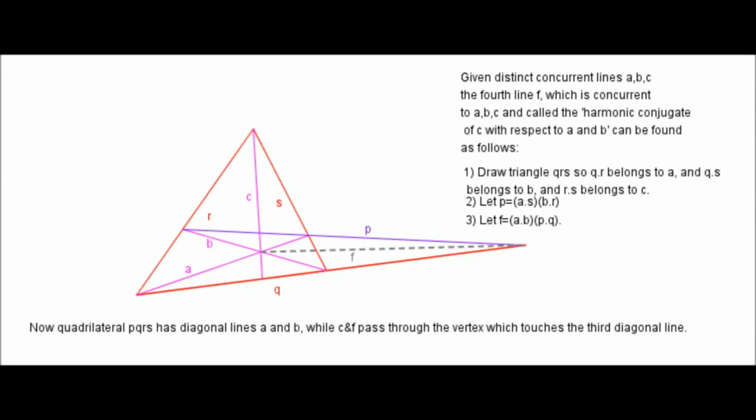And you should be able to see that A and B are both diagonal lines, and C and F, they're not diagonal lines, but they both pass through vertices which, if you joined them, they would form that final diagonal line. It's a good idea to go through this example alongside the example with the quadrilateral, and you'll see how algebraically it's basically a dual process which is going on here.